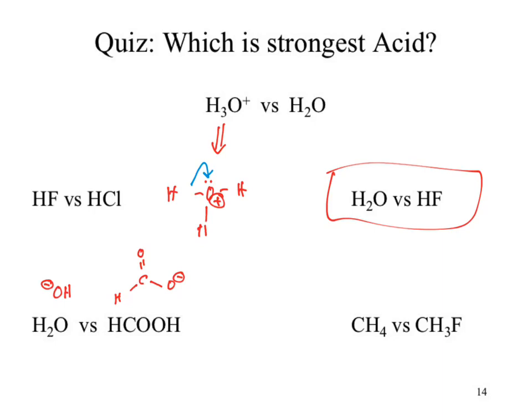I'm just asking about the size difference. Is it the entire molecule? No, just the atom. Fluorine versus chlorine. When we go down to this one, what's the atom? Oxygen versus oxygen. Is there a size difference? No. We can't use the size explanation. There was no charge explanation. Well, that's because there's a difference in electronegativity between oxygen and oxygen.